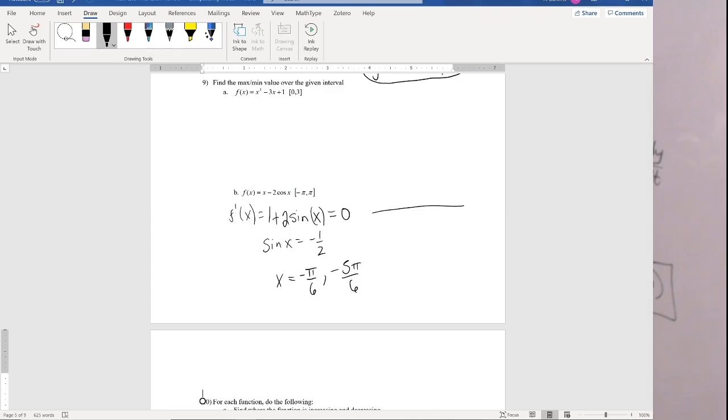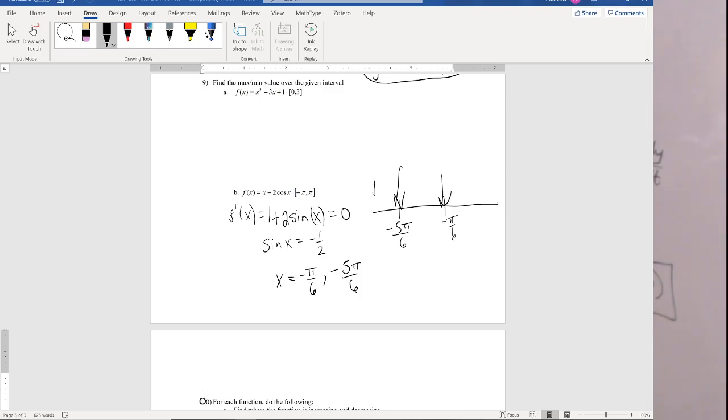So then you would do a number line, and you would test to see what happens outside of those points. So you could plug in negative pi. If you plug in negative pi, the sine portion goes to 0 and you get back a positive 1.